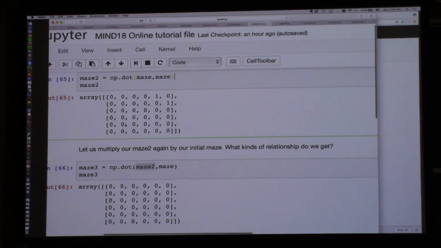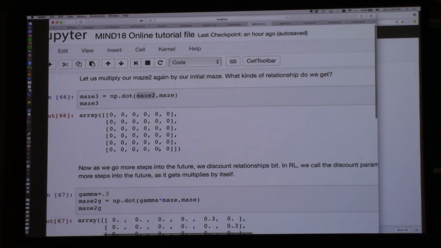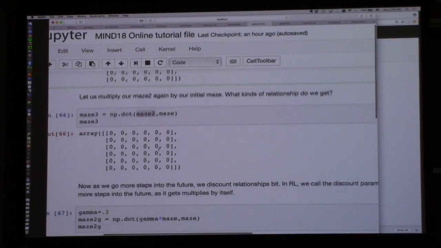The gamma that is between 0 and 1 says how much you're going to squint your eyes to see the future or not. So let's add a gamma. Let's say the gamma is 0.3. Just add a gamma and see what happens. All right, okay.